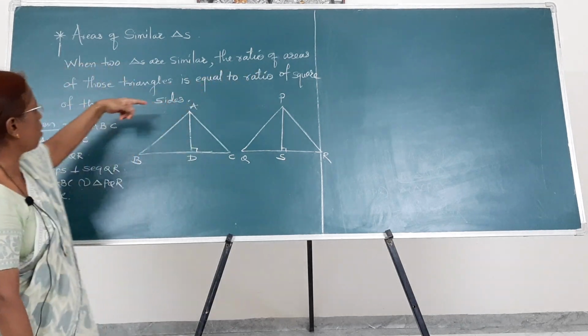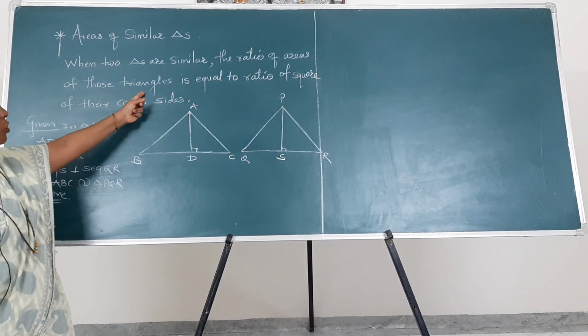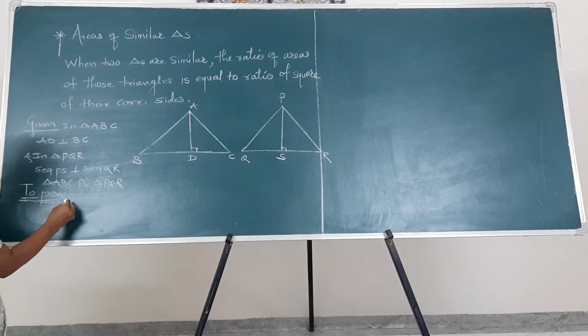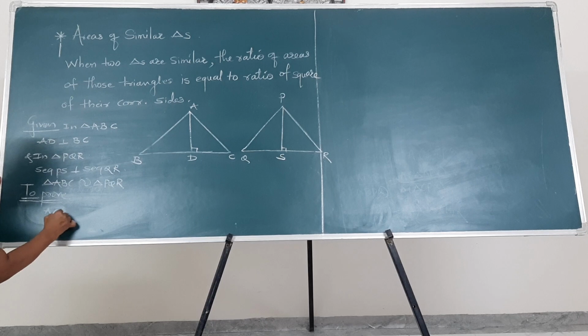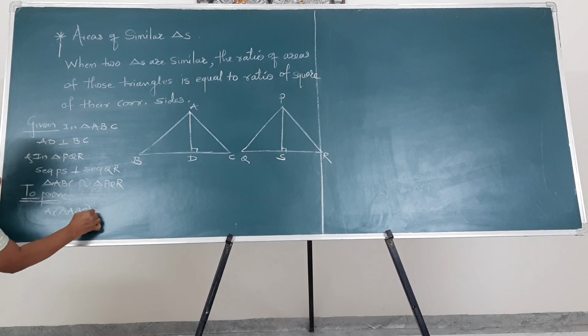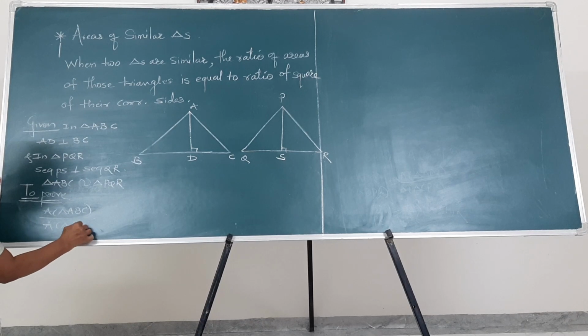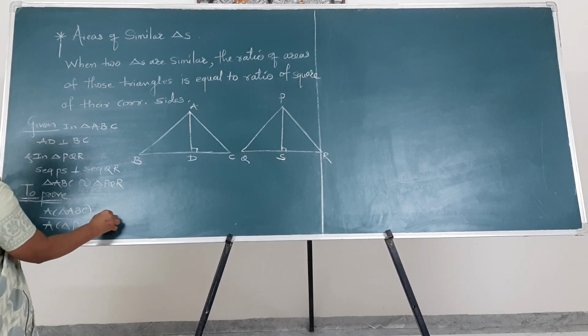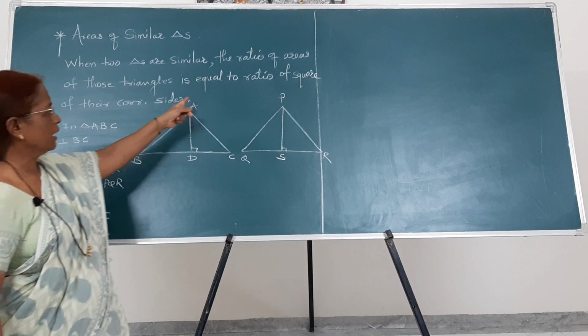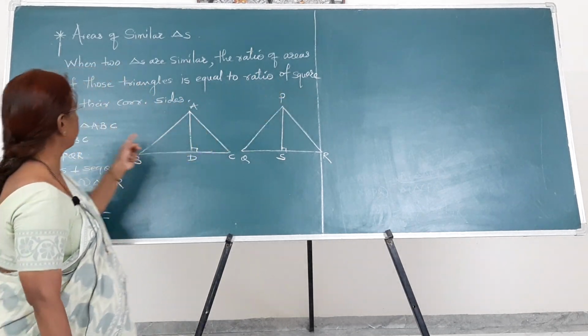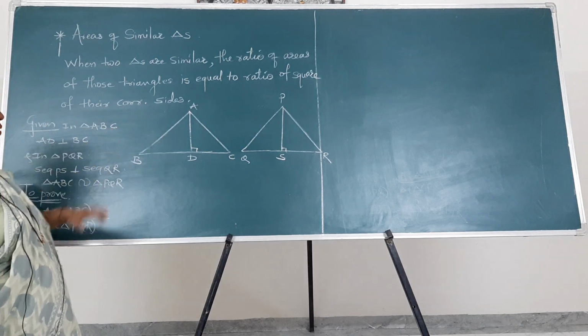The ratio of the areas of those triangles, means the area of this triangle upon that triangle. Area of triangle ABC upon area of triangle PQR is equal to what we have to show? It is equal to the ratio of the squares of their corresponding sides.